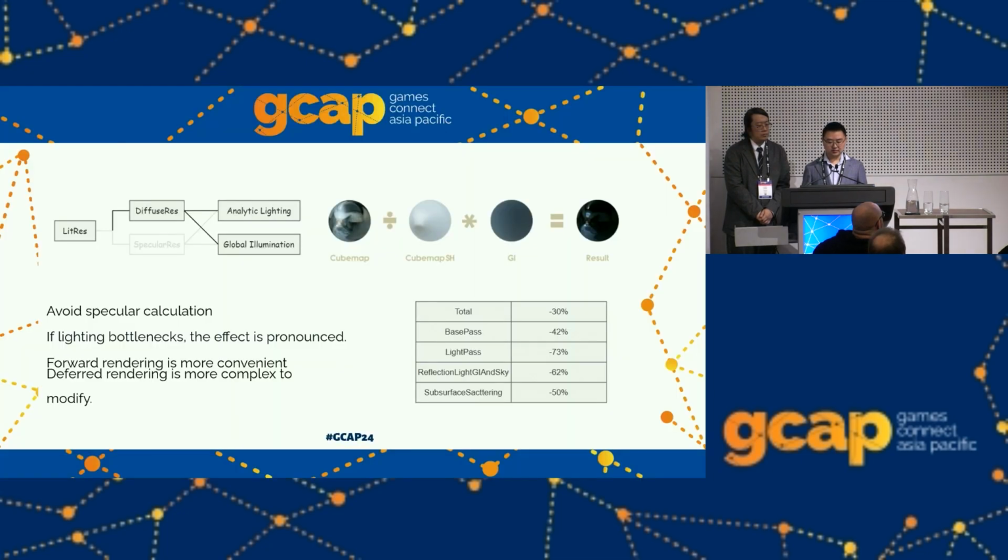From a performance perspective, in our fitting process, we use a method similar to IBL normalization to overlay highlights on the diffuse texture, avoiding highlight calculations. When lighting is a computational bottleneck, this optimization has a pronounced effect. This optimization is user-friendly and does not require significant engine changes for low setting effects and LOD effects in a forward rendering pipeline.